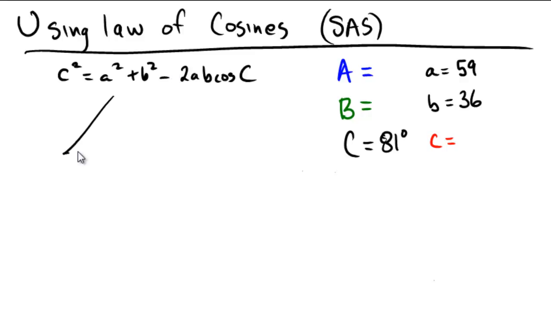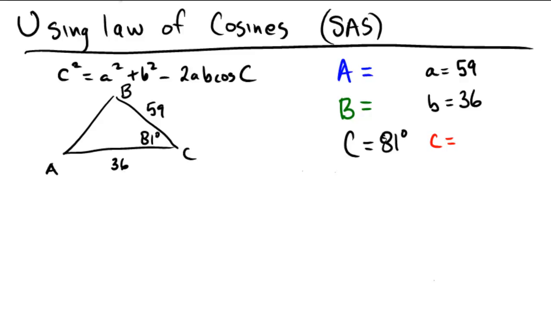Okay, so draw a quick sketch of a triangle here. I'm going to put A, B, C. We're given that angle C is 81 degrees, and that side A is 59 and side B is 36. So you can see that we're in an SAS condition here, a side-angle-side. For the first step, let's apply the law of cosines.